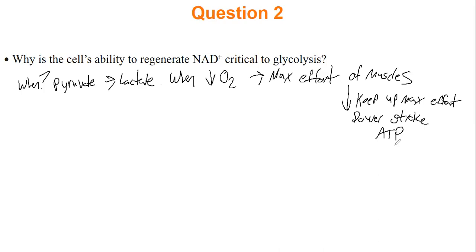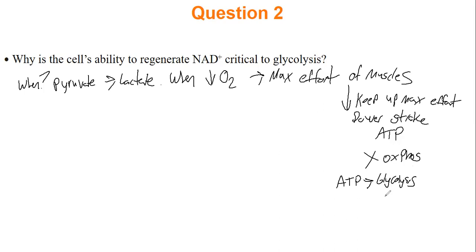But you don't have oxygen. And one of the ways you make ATP is through oxidative phosphorylation. So you can't do oxidative phosphorylation. That's impossible right now. So the only way to get ATP is through glycolysis. That's the only thing available to you under these conditions.